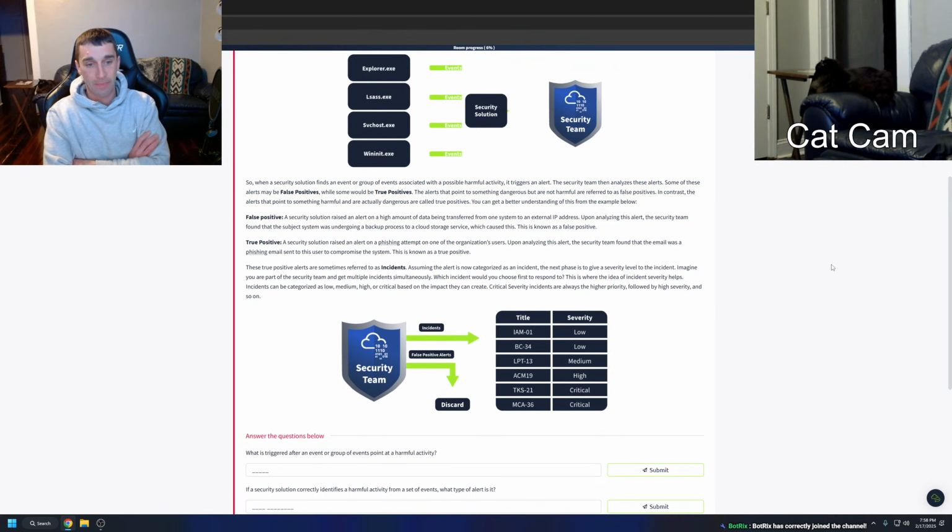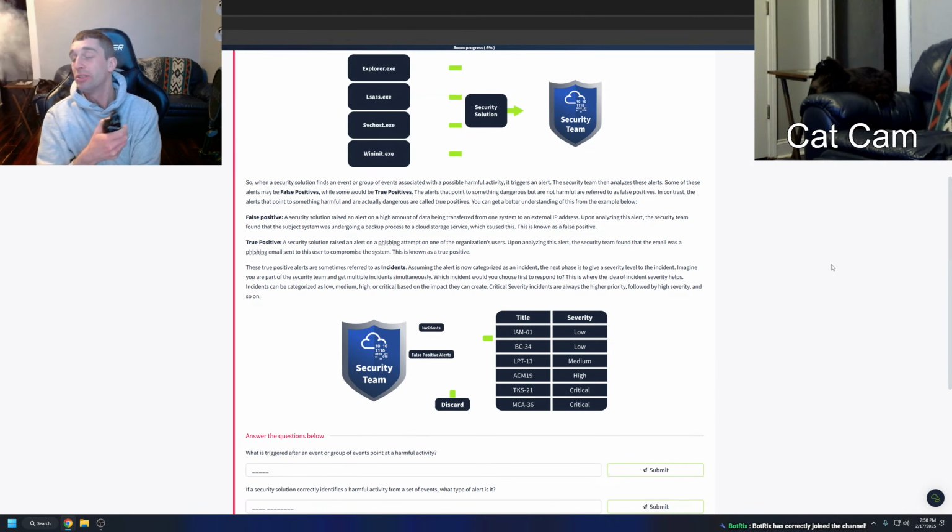You can get a better understanding of this from the example below. False positive: a security solution raised an alert on a high amount of data being transferred from one system to an external IP address. Upon analyzing this alert, the security team found that the subject system was undergoing a backup process to a cloud storage service, which caused this. This is known as a false positive.